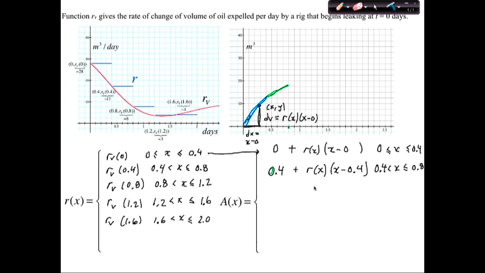I think there might be a mistake because the 0.4 plus r of x minus 0.4 would not line up with the previous line. Why not? I think the 0.4 needs to be a of 0.4.